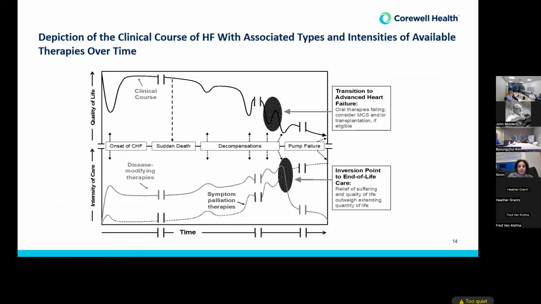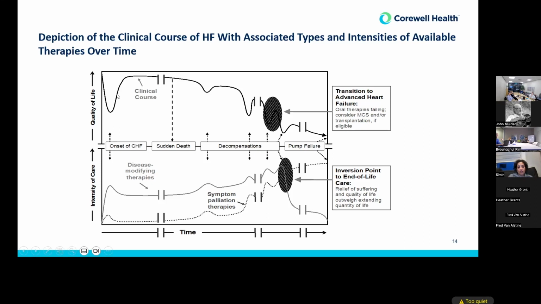Now, the clinical course of heart failure can be altered based on advanced therapies like LVADs or heart transplants or those kinds of things. But I want to talk just a little bit about where palliative care might be helpful in this journey.